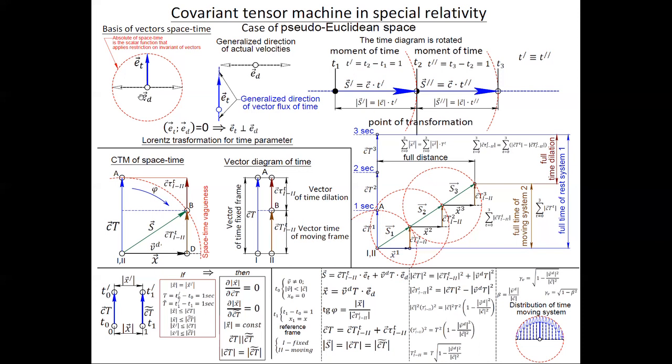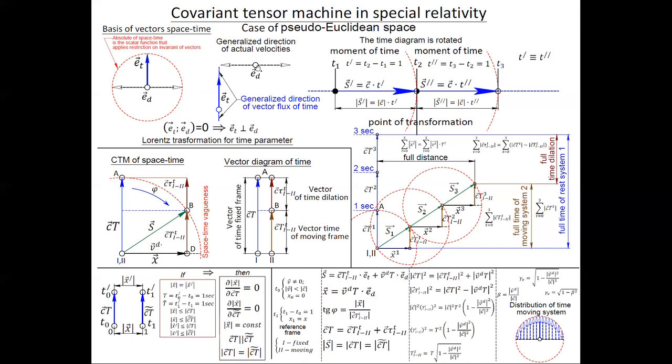It's always a positive vector. The actual velocity vector has two generalized directions with respect to the vector of time distance. It's plus or minus. Ed is a basis vector of actual velocity or actual distance.